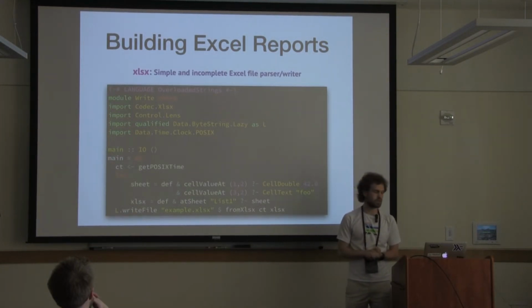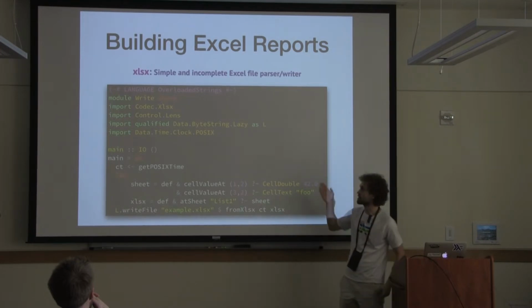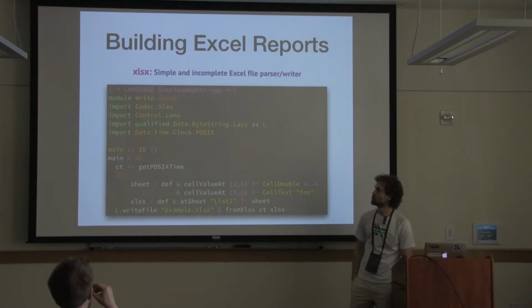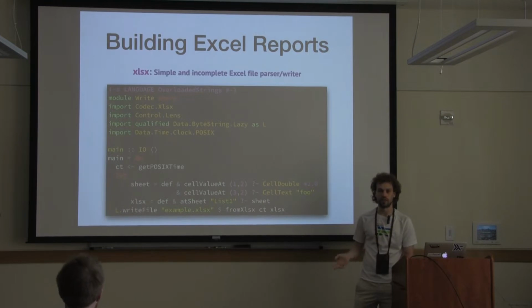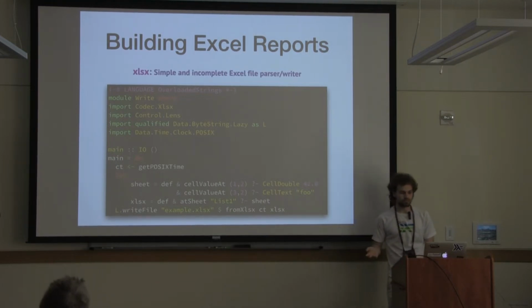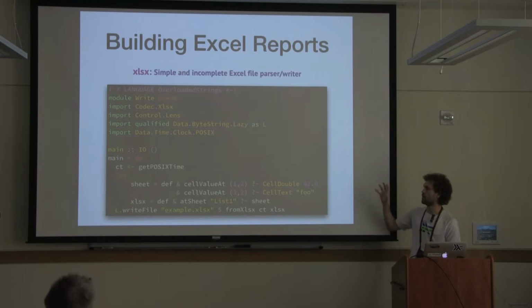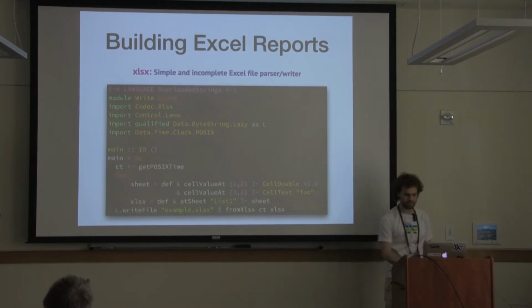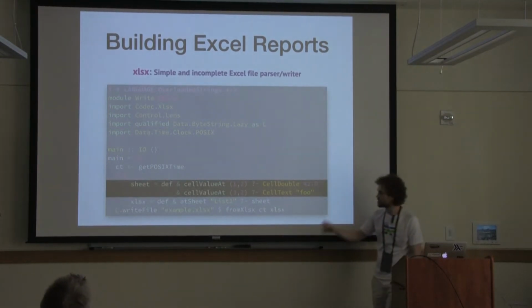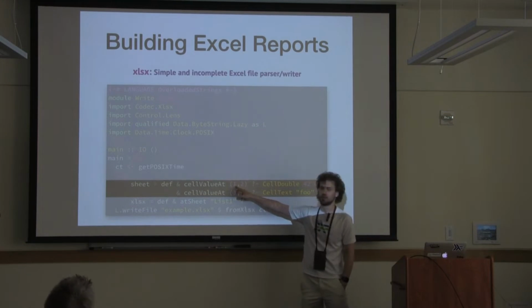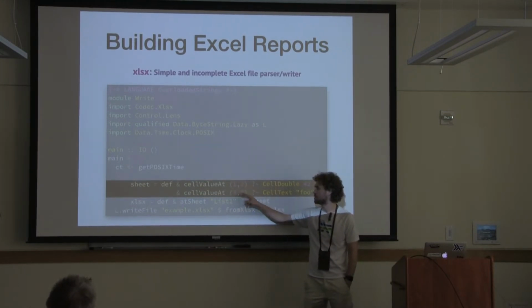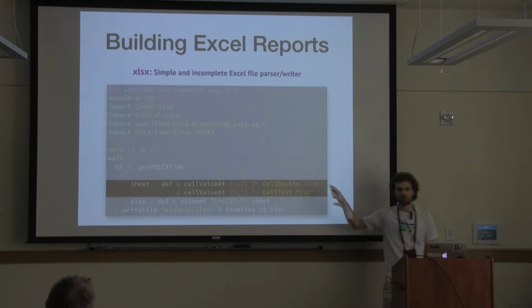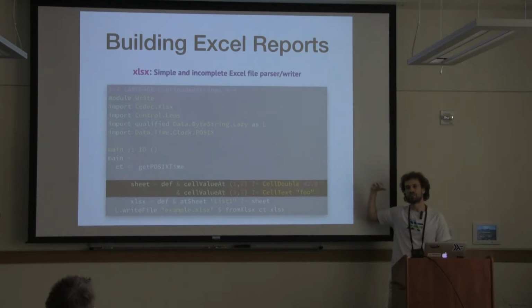There is a library called XLSX, which is able to read and write Excel files. You can see here an example from their documentation that builds a very simple file with just 2 cells. This is the relevant part where they create a cell at position 1,2 and a position 3,2. You can see from this example alone that this library is pretty low level.